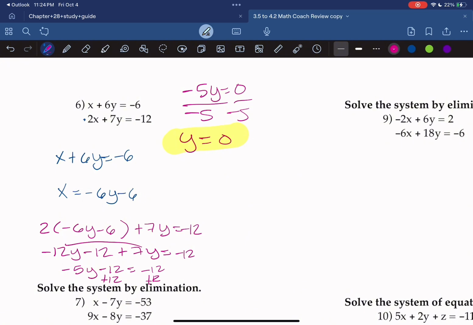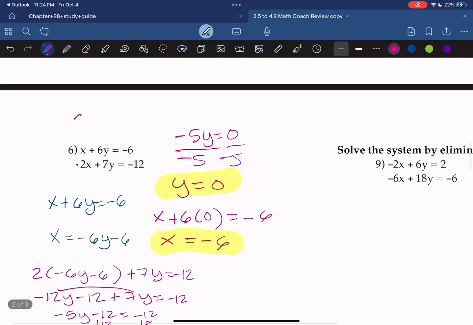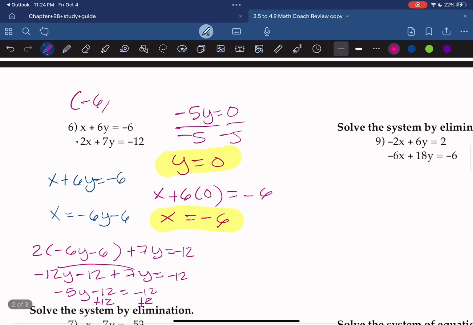Now let's plug that in to one of the equations. Let's plug it into the first one. X plus 6, we said y is 0, equals negative 6. 6 times 0 is 0, so x is going to be negative 6. And our answer is negative 6, 0.